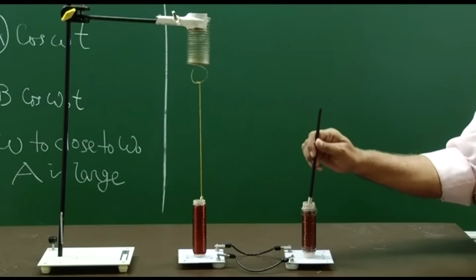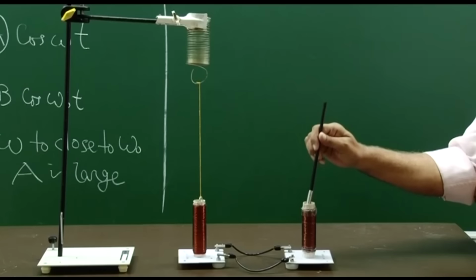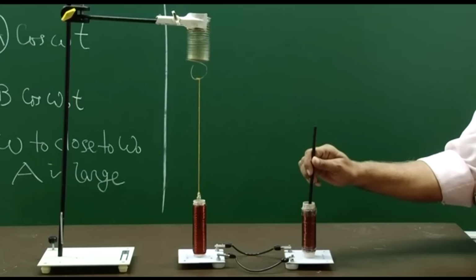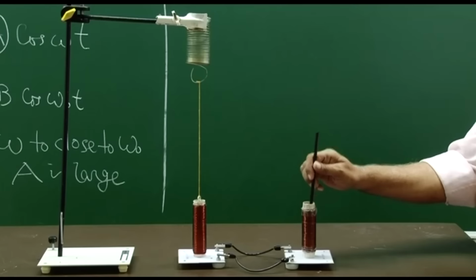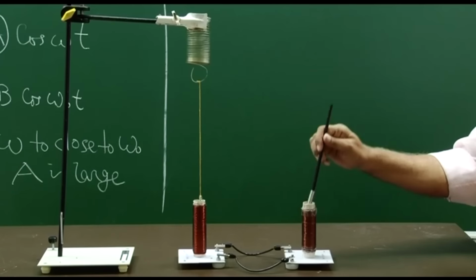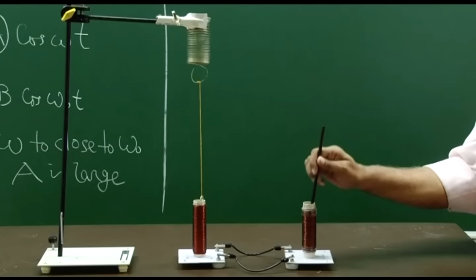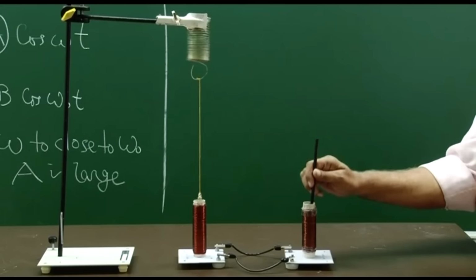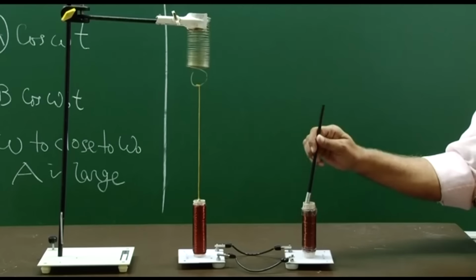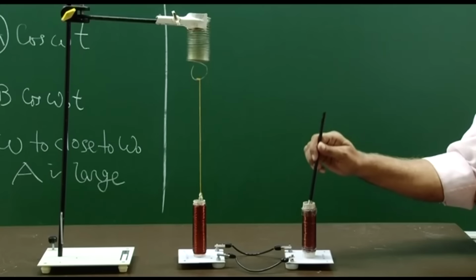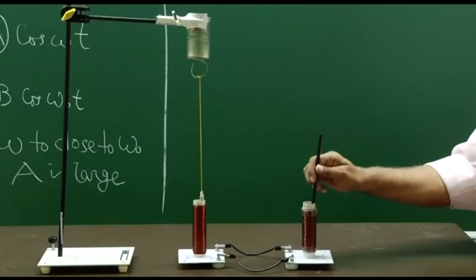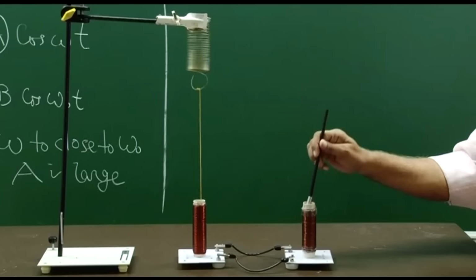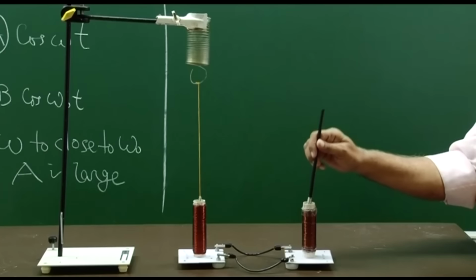The magnet is now oscillating with a much larger amplitude, whereas if I decrease the frequency, the amplitude goes down. If I increase the frequency too much, the amplitude goes down. But if I keep the frequency somewhere here, the oscillation amplitude is maximum. So, this is resonance, this is resonance.